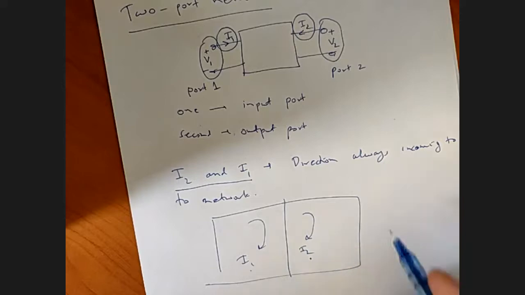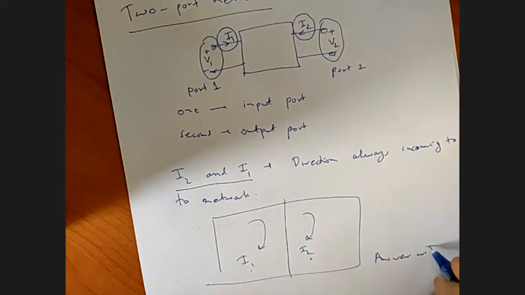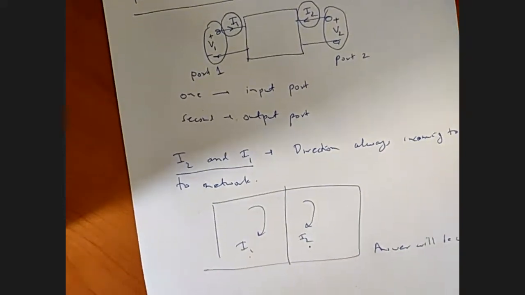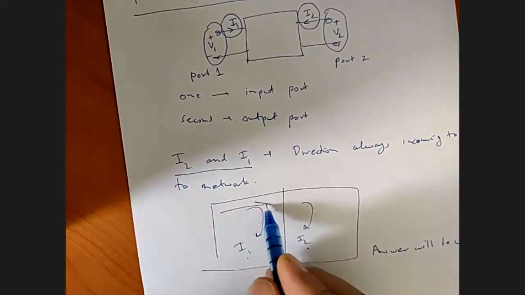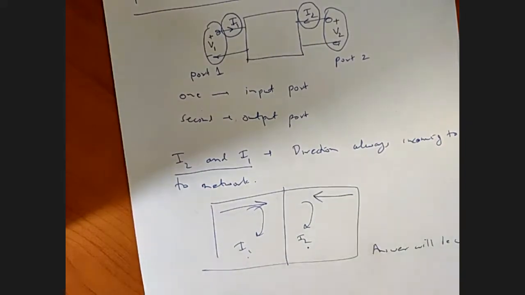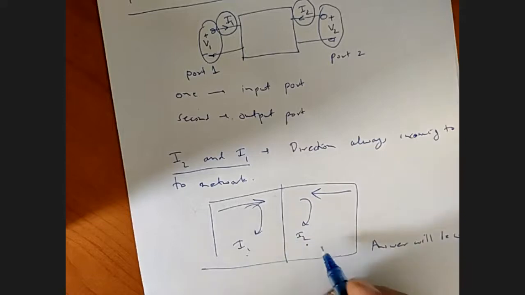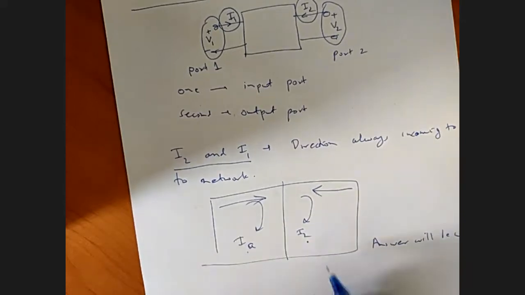So the answer will be wrong. For two-port network, you have to consider I1 as incoming to the network and I2 also as incoming to the network.